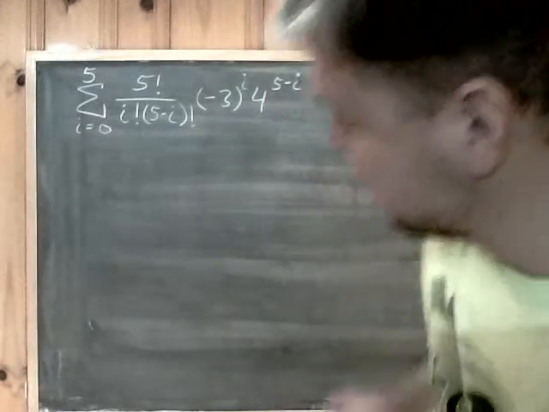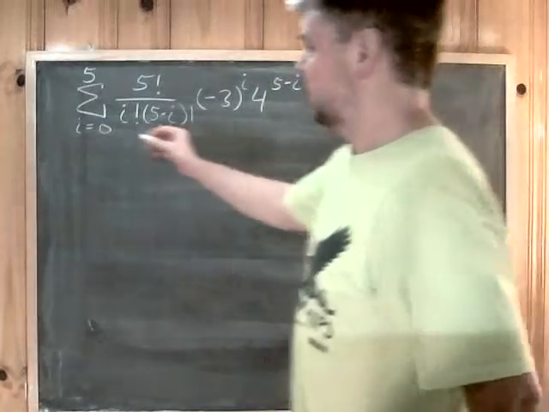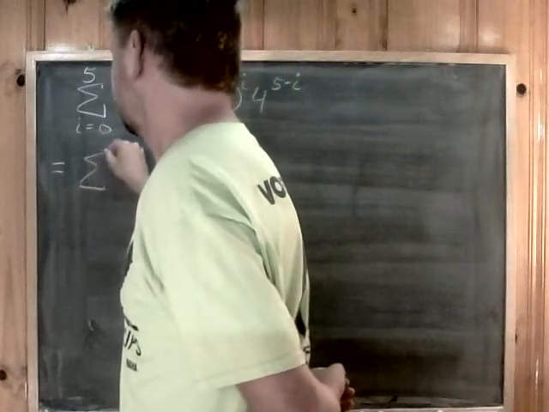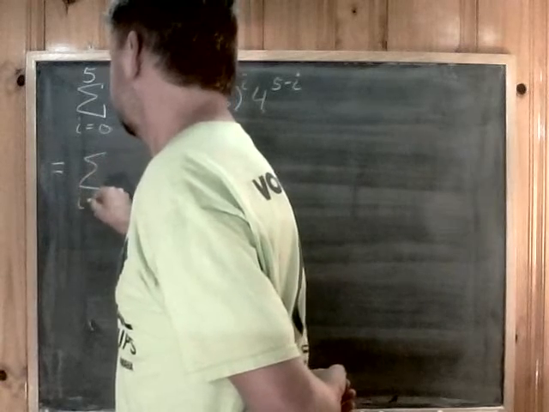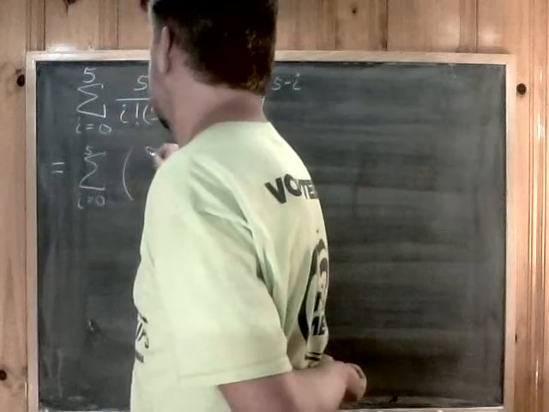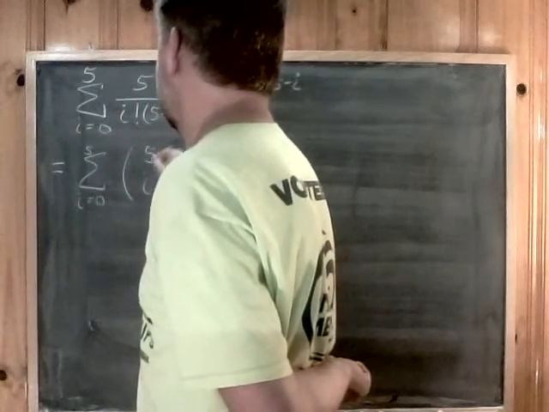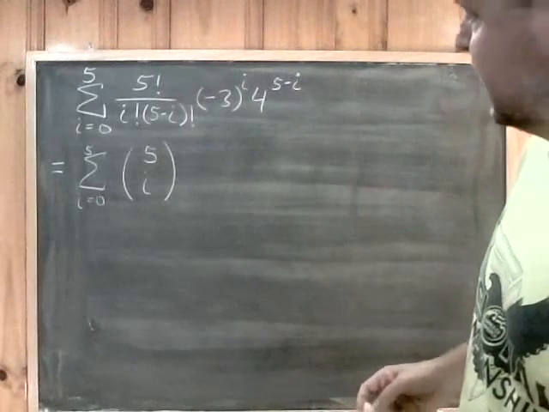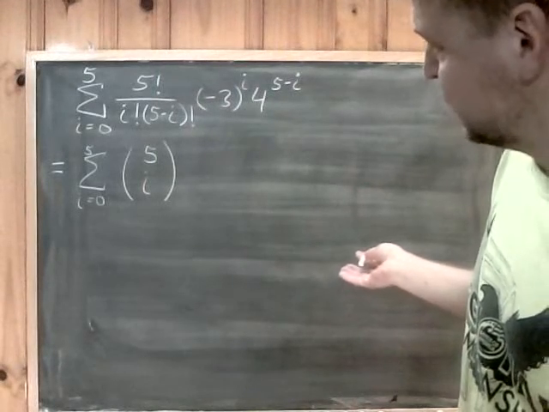So let me first point out that you could rewrite this as the sum from i equals 0 to 5 of 5 choose i. What's right above there is exactly the formula for 5 choose i.